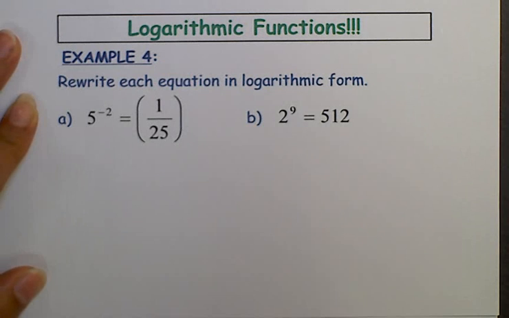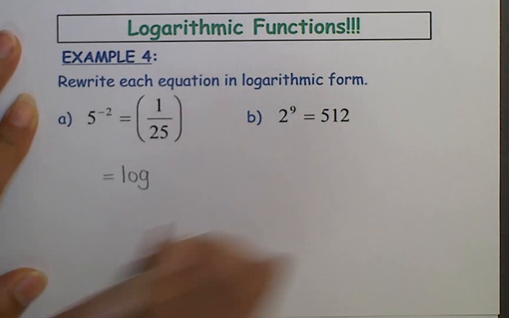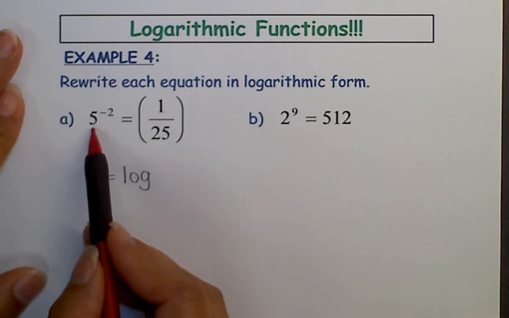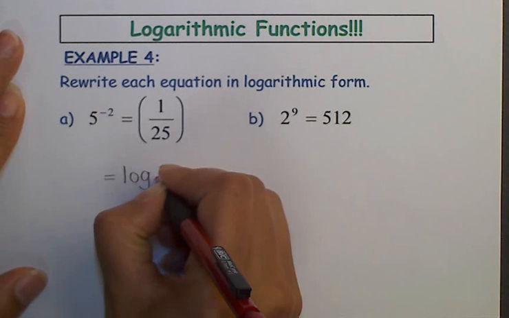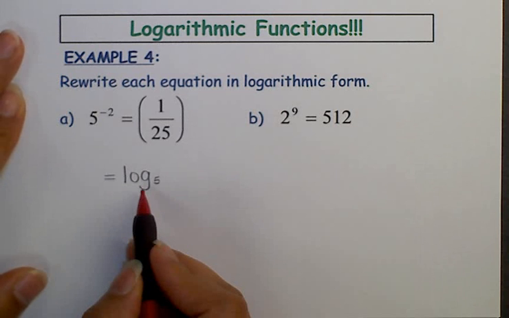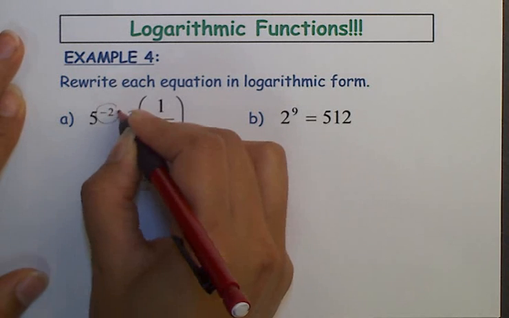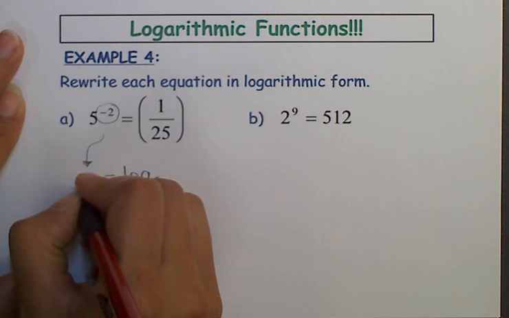So let's start by writing equals log, and we'll figure out what goes where. Okay, I know the base is 5 since there's an exponent applied to a base of 5. So that'll go at the very bottom. And remember that a logarithm represents an exponent. And in this case, our exponent is -2. So I know that's going to be on the left-hand side here.